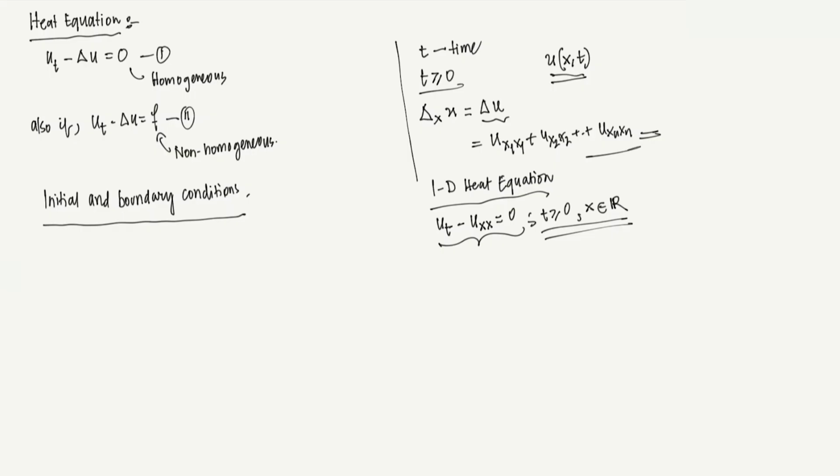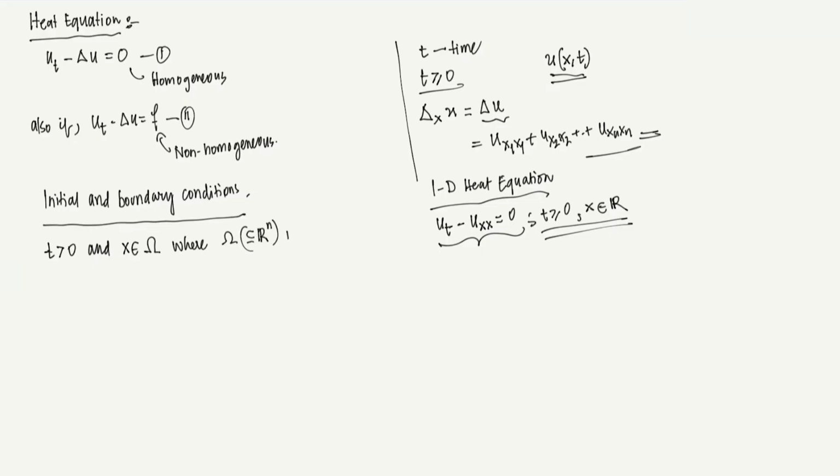In this problem, t is assumed to be positive, of course greater than or equal to 0. At t equals 0 you will be given some initial conditions. Generally t is greater than 0, and x we assume to be from a domain omega, where omega is a subset of Rn which is open.